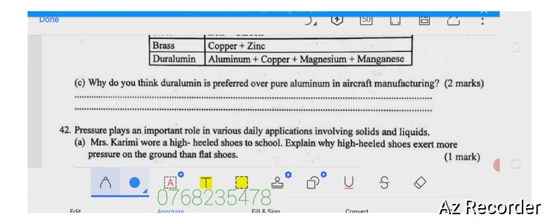Because it's light and durable. Durable, it can stay for a long period of time. Aluminium is light, but duralumin is lighter than aluminium. That's why it's preferred in making of aircraft parts.